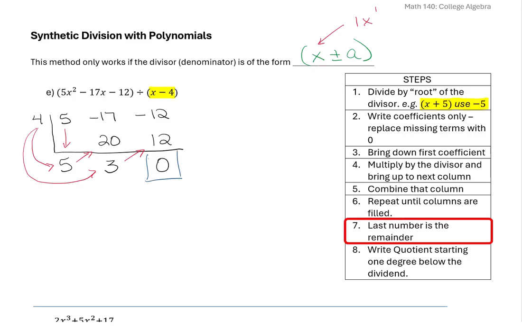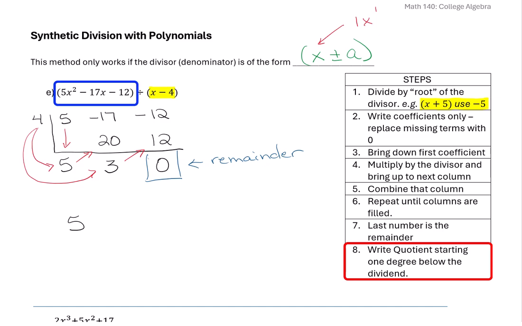The last number here is always our remainder. The 5 and the 3, that is our quotient. So we can write that as our polynomial, but a polynomial that is 1 degree less than our dividend. So notice we started with a squared polynomial.